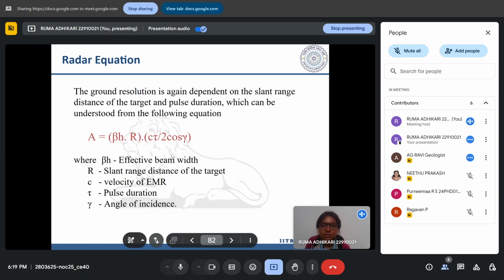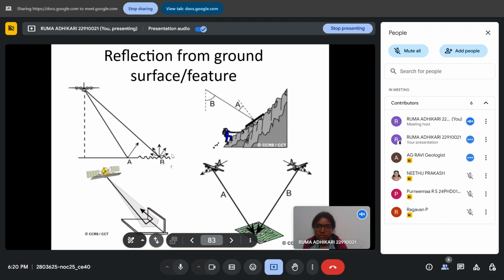The ground resolution again depends on the slant range, the distance of the target, and the pulse duration, which can be understood from the following equation. Nothing to understand. And reflection from different types of surface. In next week's lectures we will see different types of geometry, properties, shape, size.